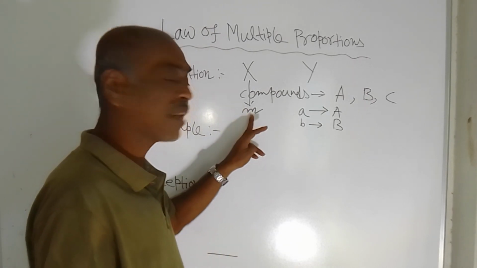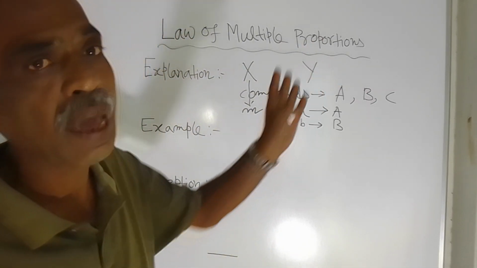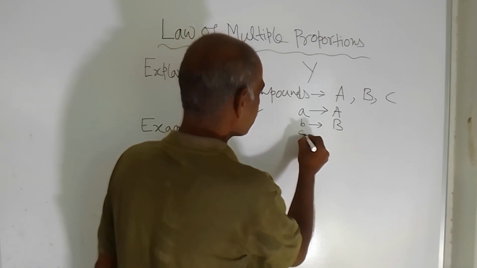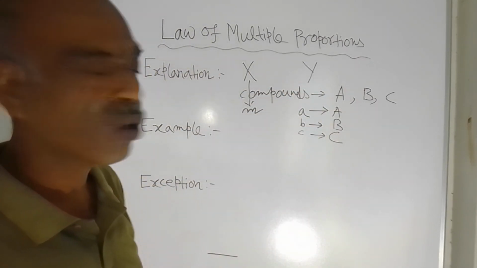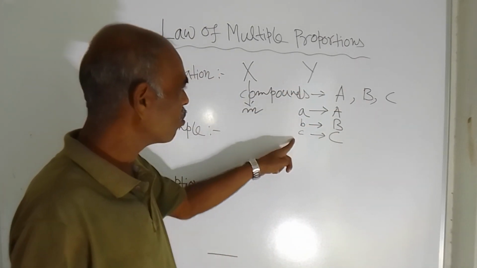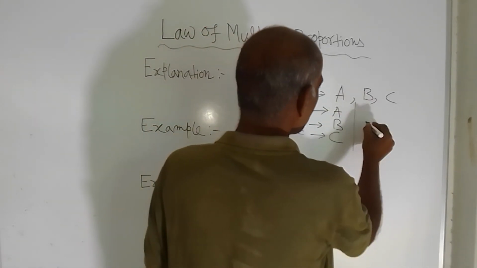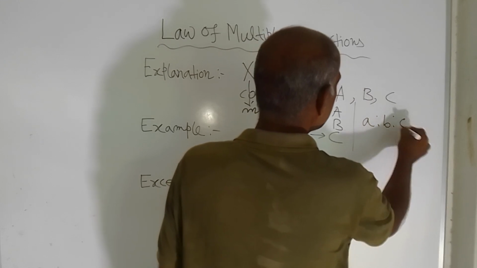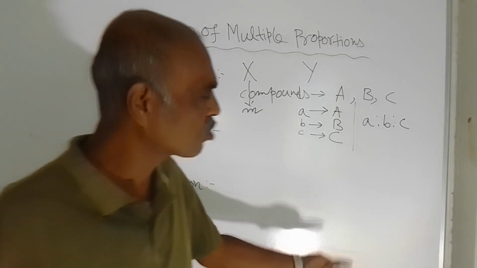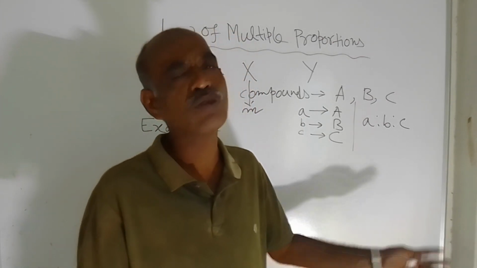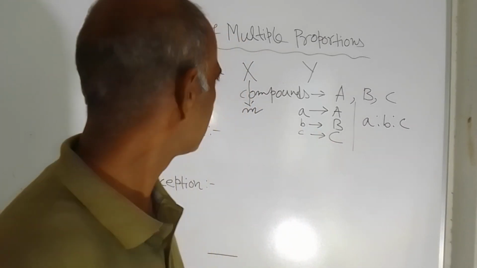And when the same amount m gram of X reacts with c gram of Y, then it produces capital C compound, right? Then according to this law, this ratio a is to b is to c is a simple one. Okay, the ratio a is to b is to c should be a simple ratio, like 1 is to 2 is to 3, like 2 is to 3 is to 4, or 2 is to 5 is to 7, etc. All these ratios are simple ratio.